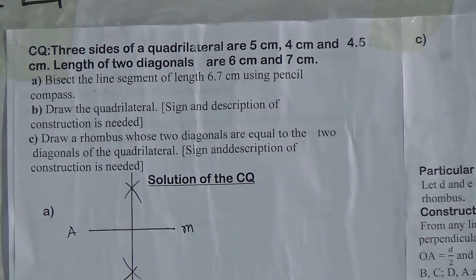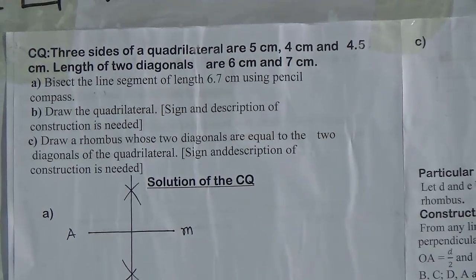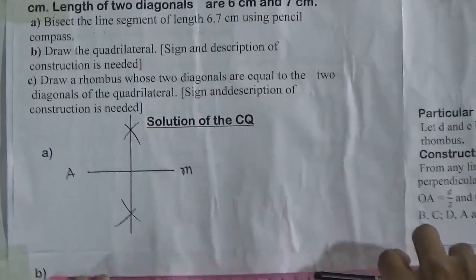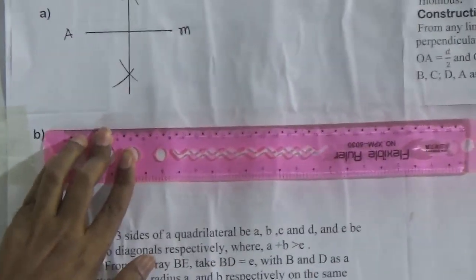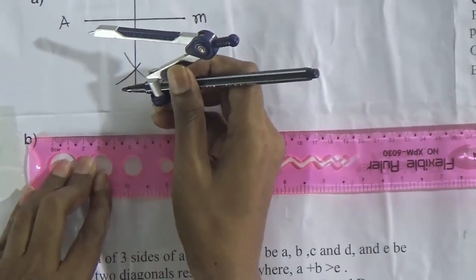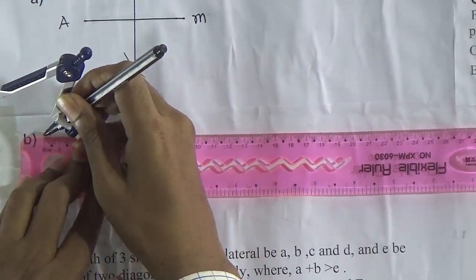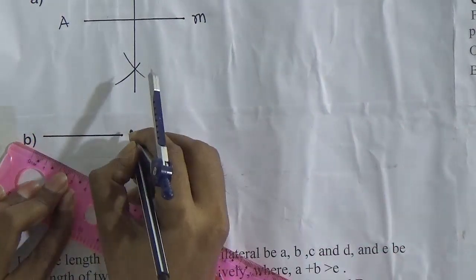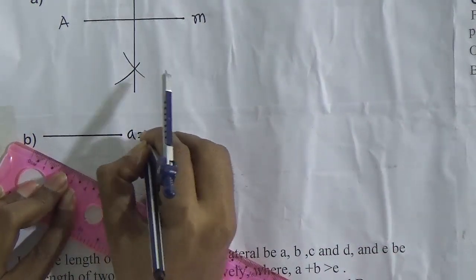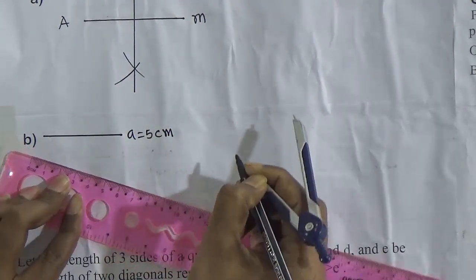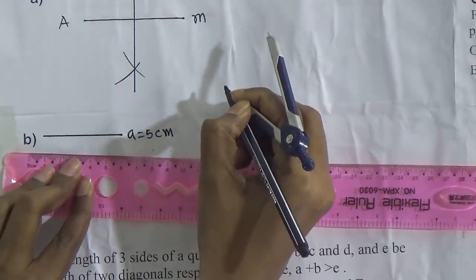So you have to write at first this. Let a equal to 5 cm.